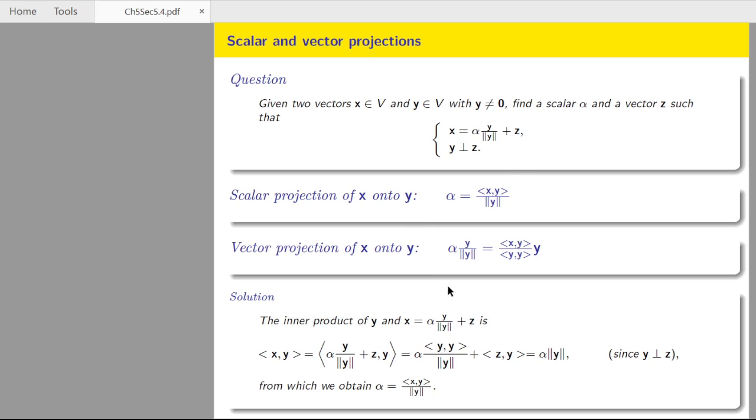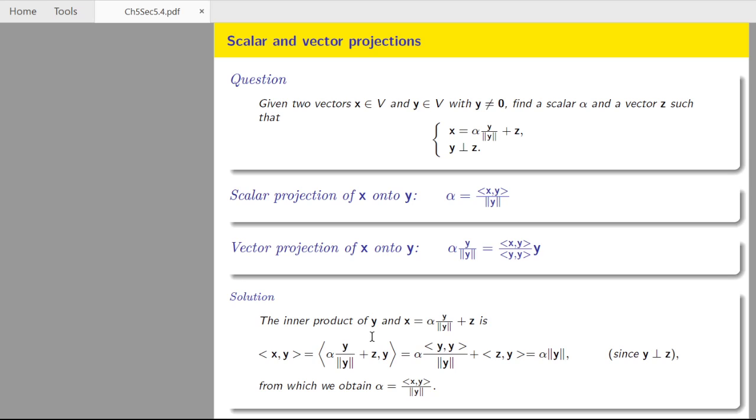We use the same idea as in section 5.1 to give the solution for this question. You can take a look at the textbook and compare it with the method here. So in this way, you get two methods for the same question. All right, the idea is simple.